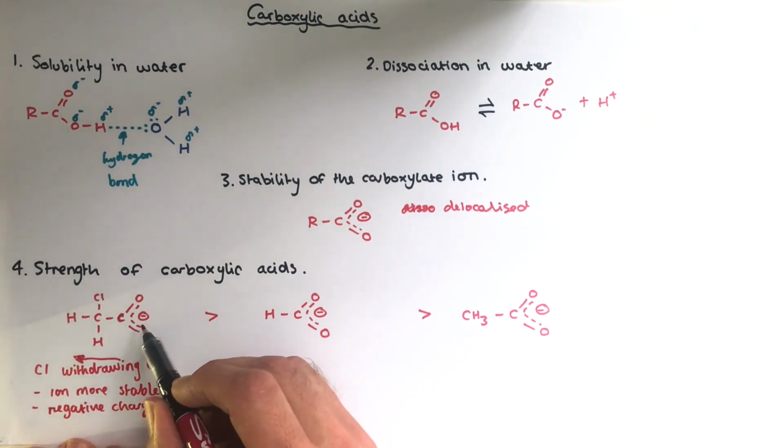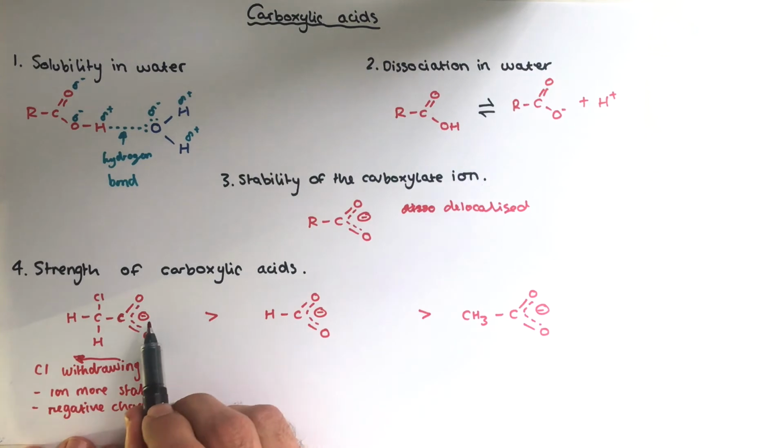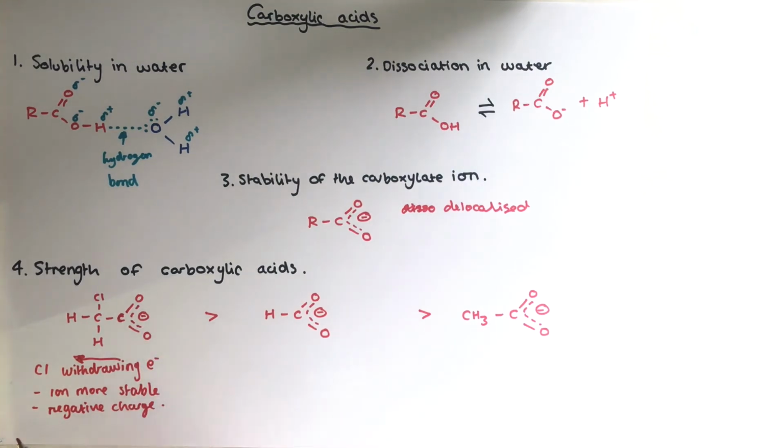Now with a lower negative charge, it's less attracted to the H+ ions that it can dissociate. So there's less attraction to the H+. With less attraction to the H+, it would dissociate more H+ in solution, so this would be a stronger acid.